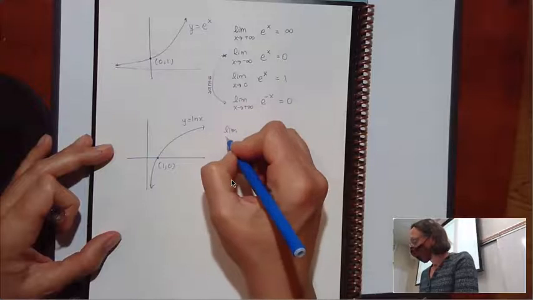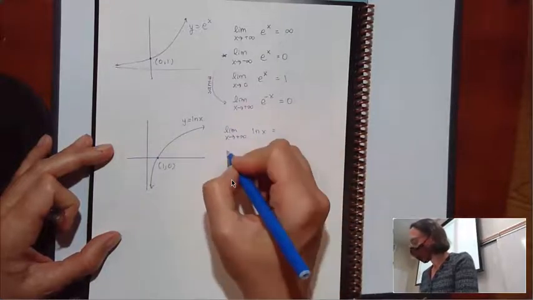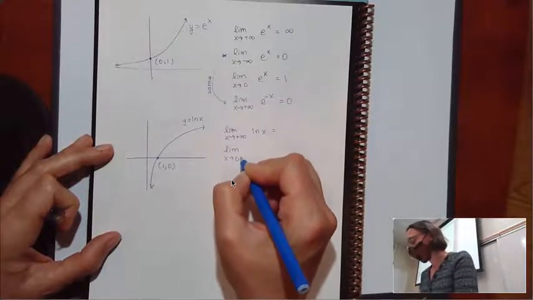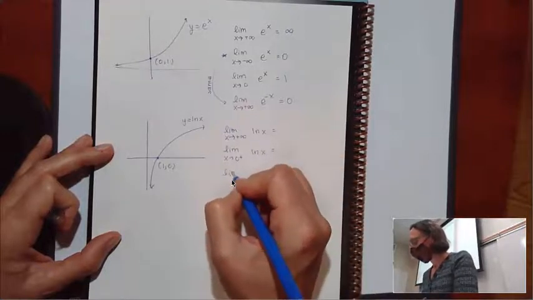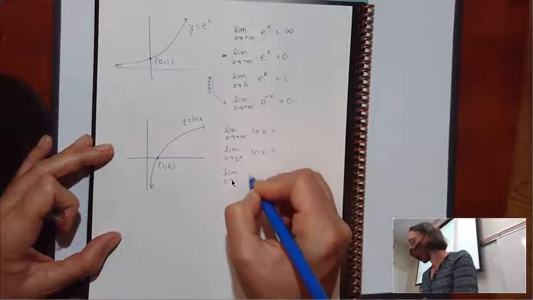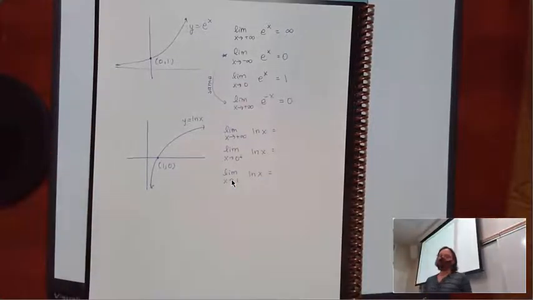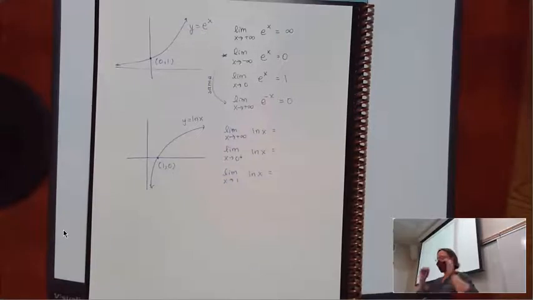We can look at the limit as x approaches positive infinity of natural log of x, the limit as x approaches 0 from the right of ln of x, and the limit as x approaches 1 of natural log of x. What we can't do is look at the limit as x approaches negative infinity of ln of x. Thinking about the graph, it just doesn't exist over there on the left-hand side.